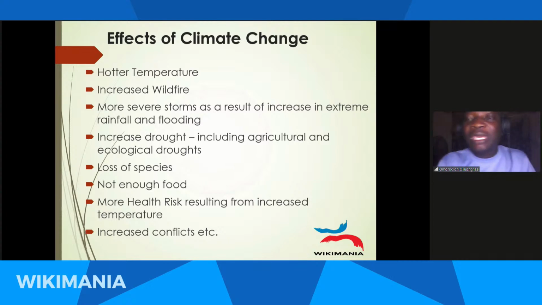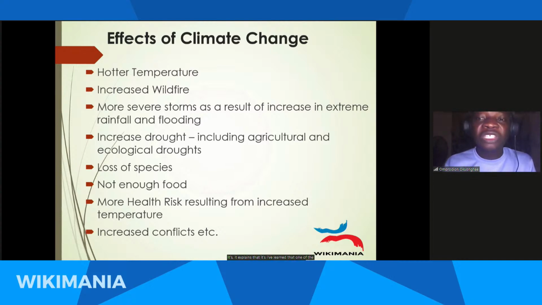But there's one striking effect, which came from a finding by the International Crisis Group. It explained that one of the effects of climate change could be increased conflict in some regions.